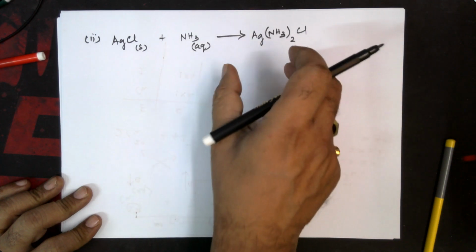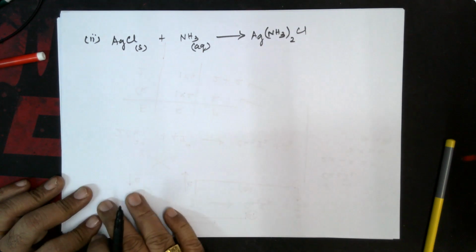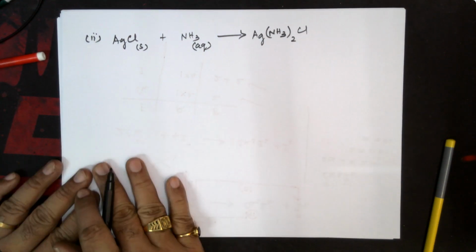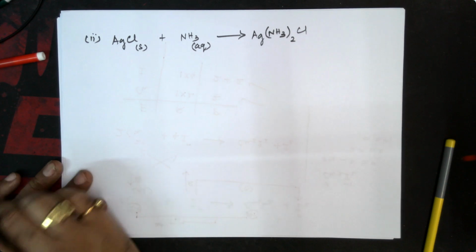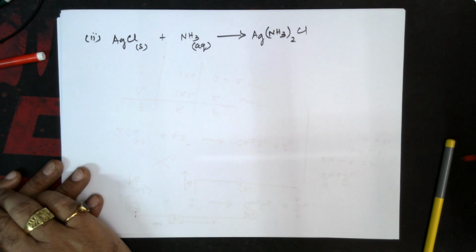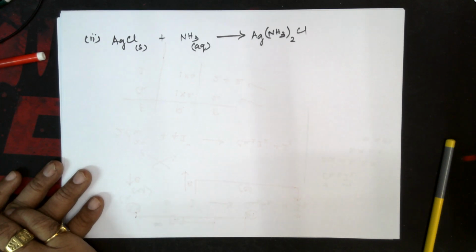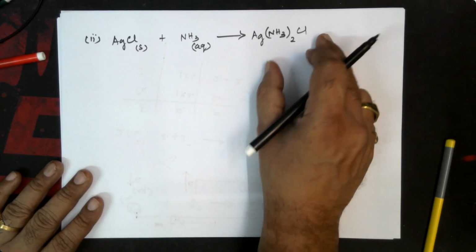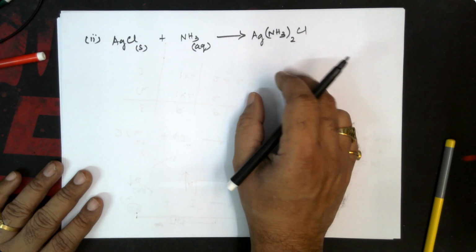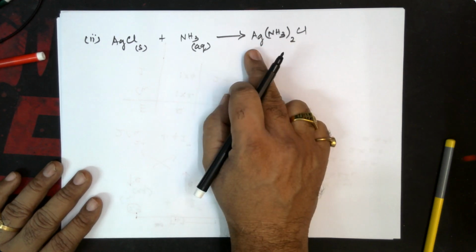Now can you guess what kind of compound it can be? Complex compound. So how to name this compound? Diamine, double M, diamine. Tell me. Silver, chloride. No, this is a complex. Diamine silver chloride.